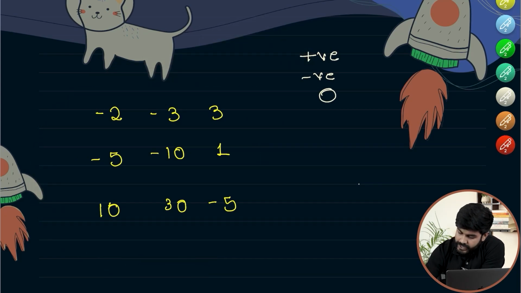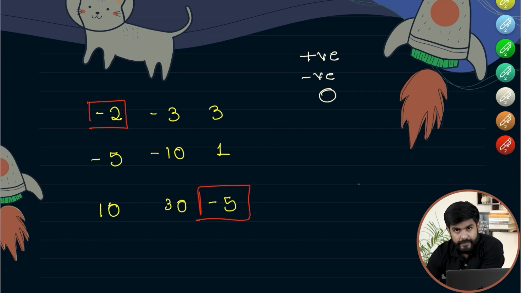What needs to be done is top left, bottom right. You need to start from top left and end at bottom right. And the way to move is to go on the right hand side.